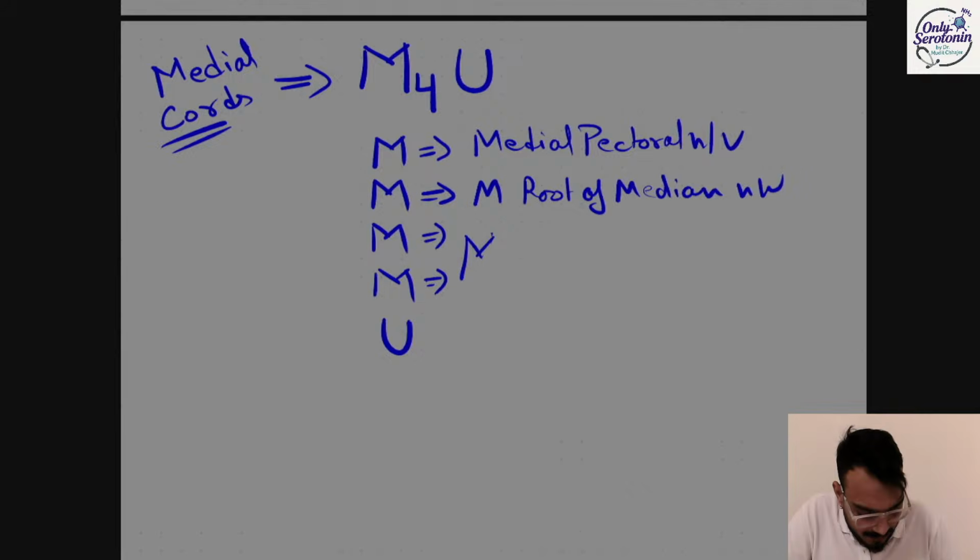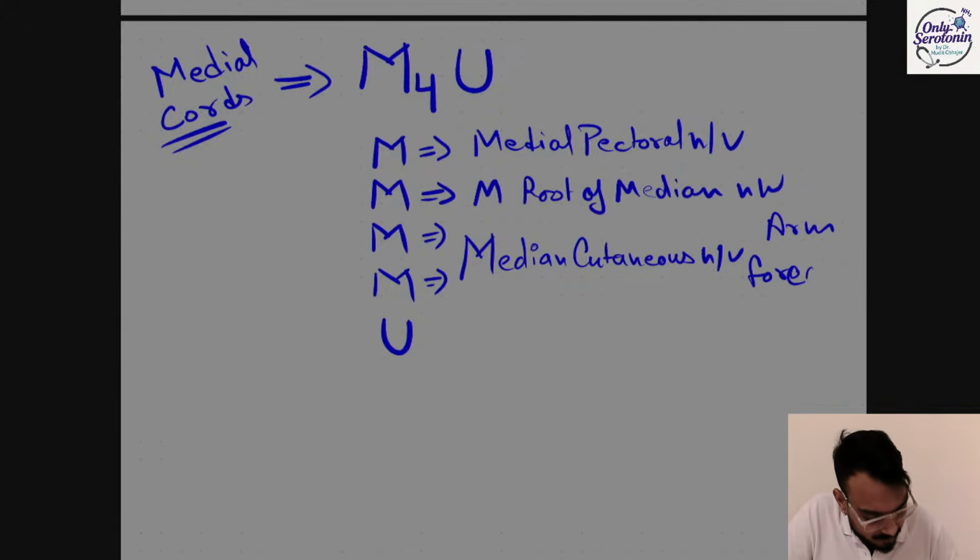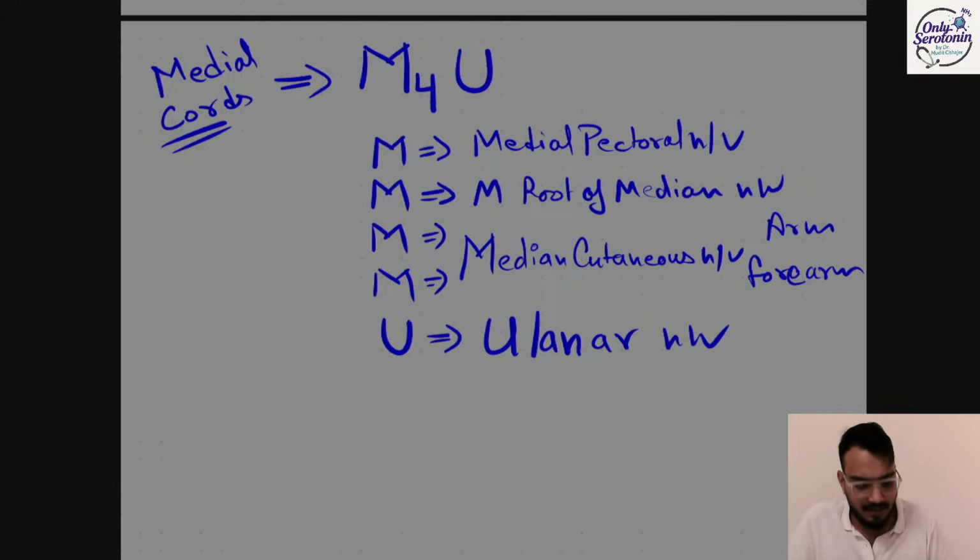That is your medial cutaneous nerve. One is for the arm, another one is for forearm. So medial cutaneous nerve of arm, medial cutaneous nerve of forearm, and U is what, guys? U is your ulnar nerve. U is your ulnar nerve. Okay.